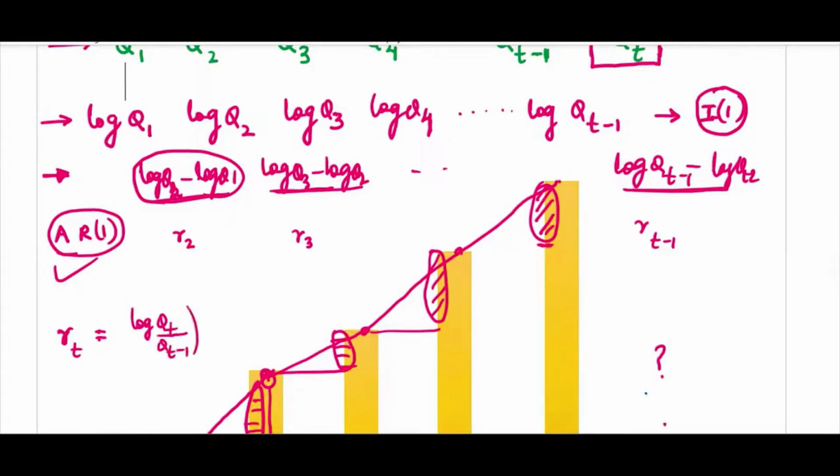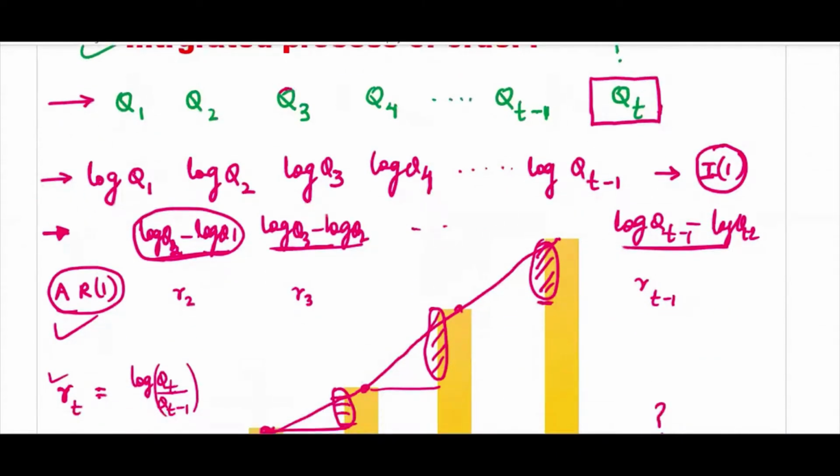This is called force of inflation. Instead of directly predicting the consumer price index, we'll apply the AR1 process to Rt. So remember what we did? We applied log transformation, then we differentiated once, and we got this one.